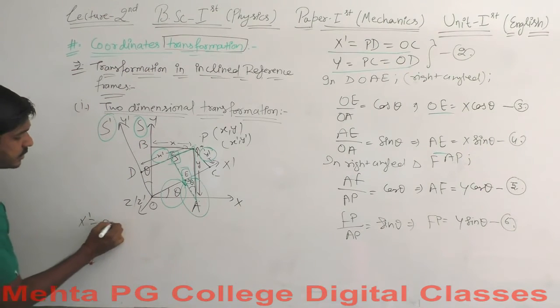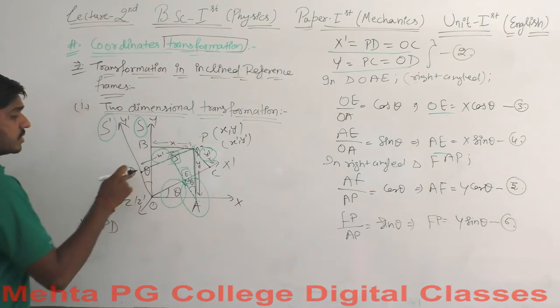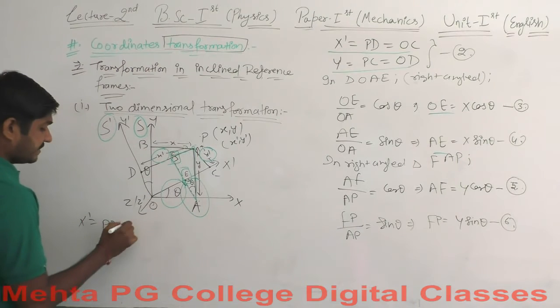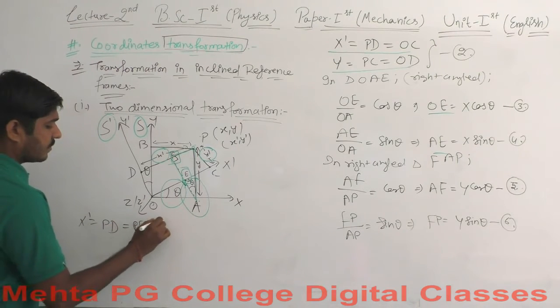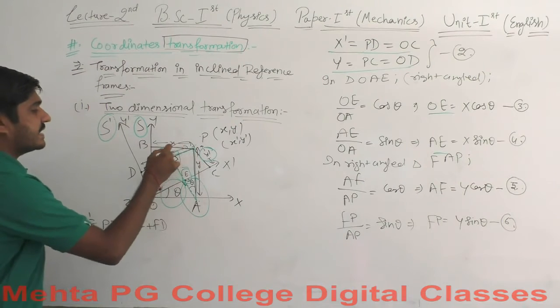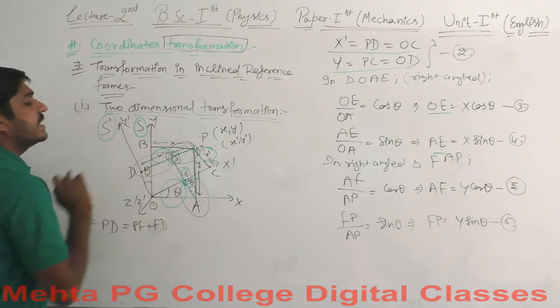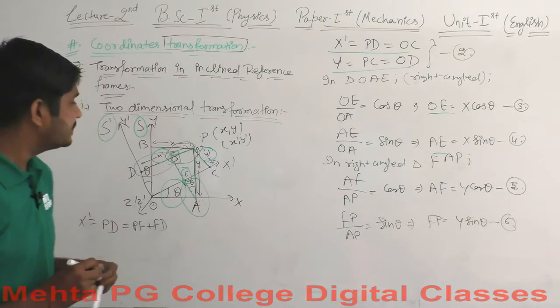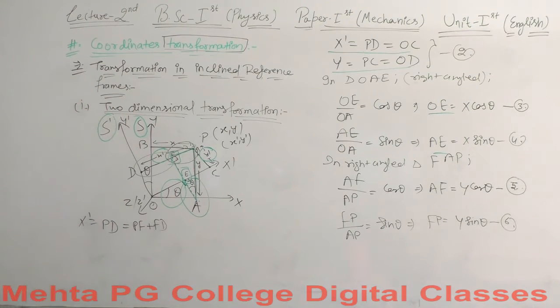x dash is equal to PD, this is P to D, and you can say this is equal to PF plus FD. This is the distance PF here, and this is the distance FD here. So the figure is getting pretty complicated. You can adjust, because I have explained the figure earlier.